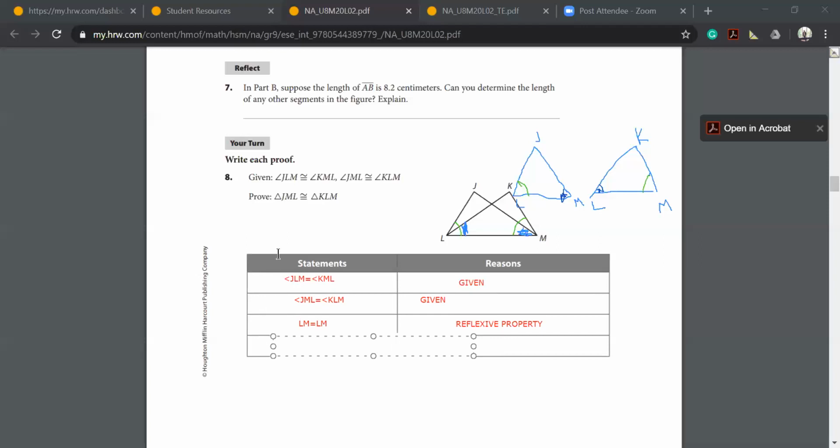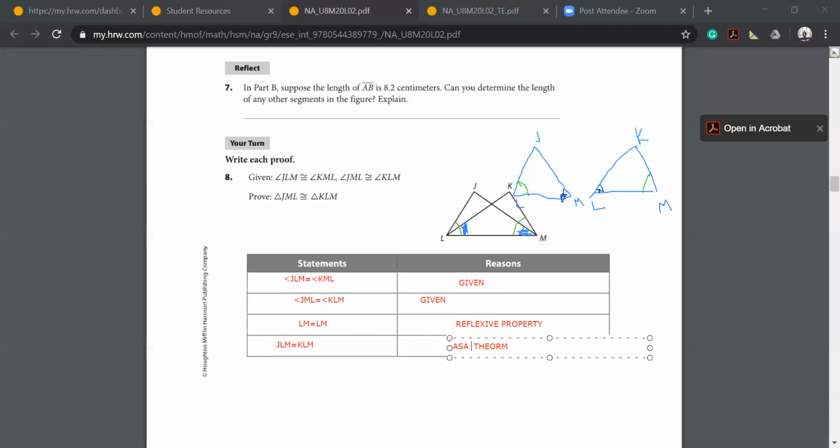Triangle JLM, just to do the triangle thingy. Okay, anyway, triangle JLM is congruent to triangle KLM using the what? Using the ASA theorem.